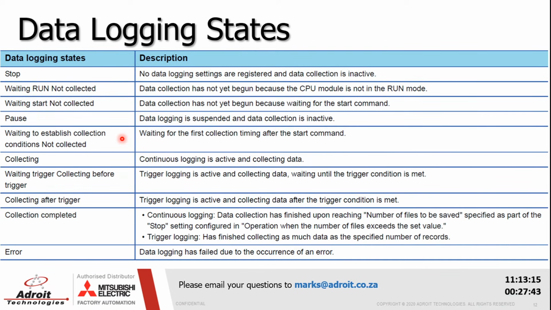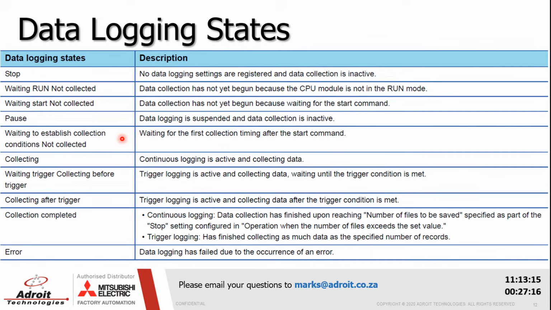So some of the states that you have to have a look at. Stop, obviously that's when it's not collecting any data for you at the moment. Waiting run not collected, that's when your data collection has not yet begun, because the PLC is not in run mode. Waiting start not collected, data collection has not yet begun because it's waiting for the start command.